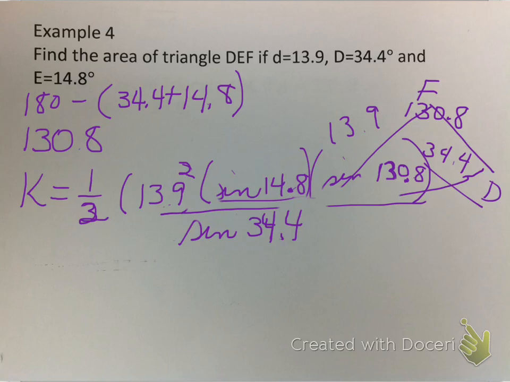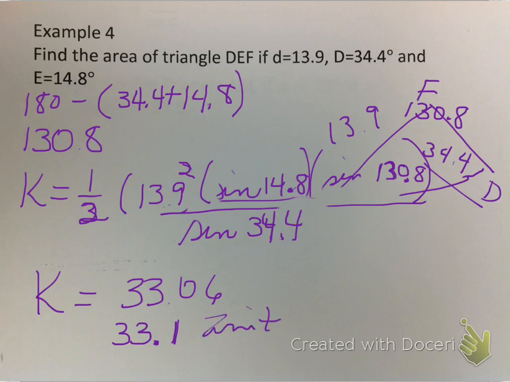And when you get that, you need to try this and put it in your calculator and make sure, because our errors in this lesson are going to be about putting it into your calculator. So put it in your calculator and make sure that you get 33.06, and I'm going to round that to 33.1. So the area is 33.1 units squared.